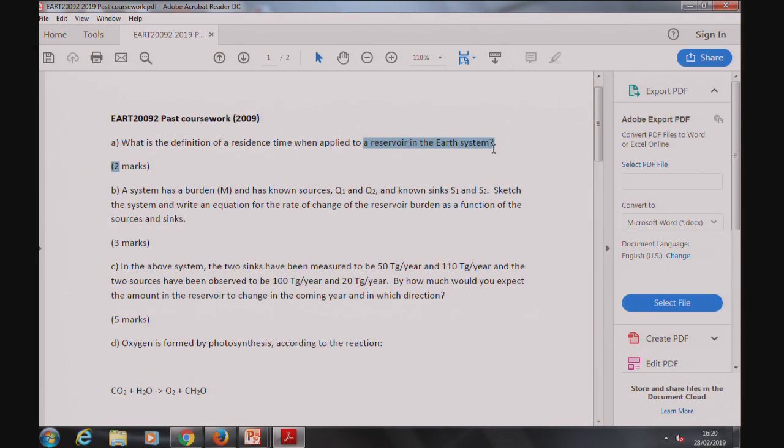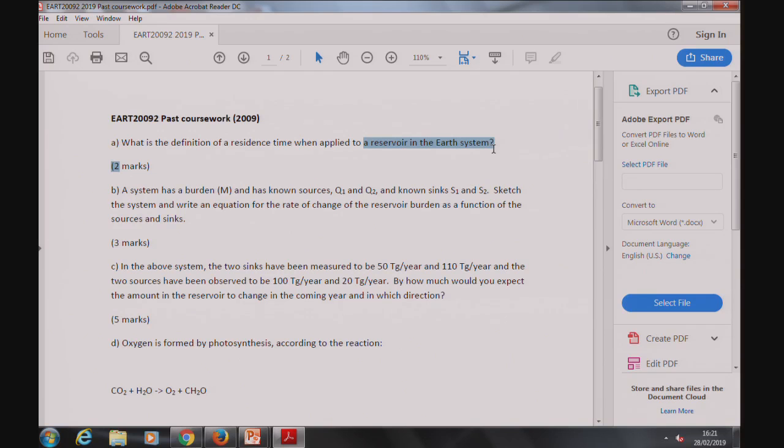Okay, so the residence time, it's like tau, something to do with time. I've got residence time defined as the burden divided by the sum of the instantaneous sink fluxes. So it's the amount you've got, symbol M, divided by the sink.